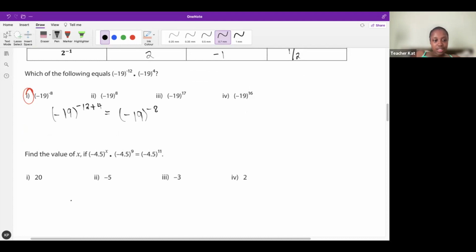Okay, so I'm going to write down the left-hand side. It's -4.5 to the power of x plus 9. So if I want x plus 9 to be the same as 11, then x has to equal 2. Nice. Our brains are warm. So my option is option number 4.